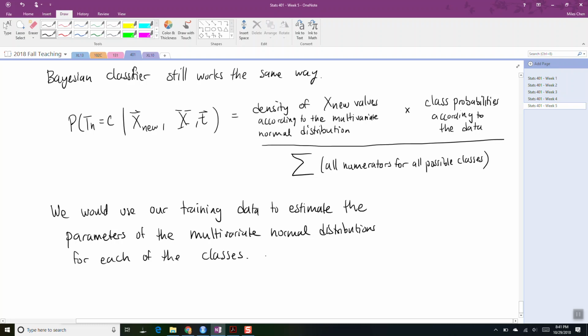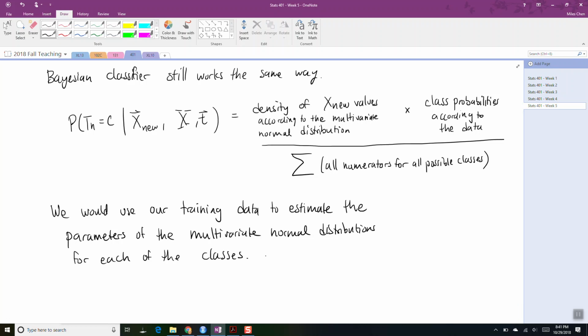So you'd probably filter out all of your observations that belong to class 1, find the mean to get your mean vector for class 1, and then calculate your covariance matrix for class 1.